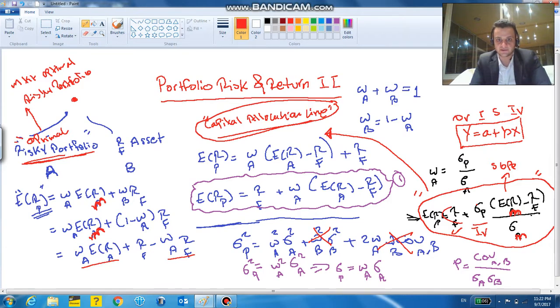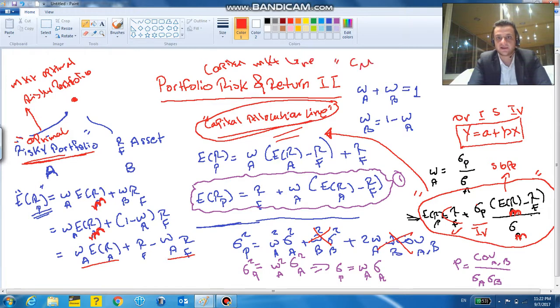I just want you to understand these derivations, go by them step by step. They're not easy to gauge the first time you see the video or read them, but try your best to know these calculations, or at least the very minimum is to memorize both the capital allocation line formula and the capital market line formula, the CML.